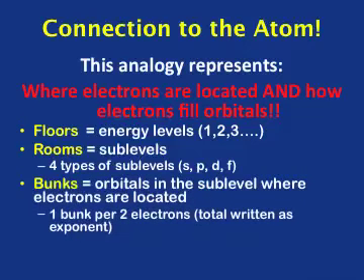The bunks in your activity represent the orbitals in the sublevels where the electrons are located. You had this little rule going where one bunk would occupy two people, and so it was like the atom where we have two electrons occupy an orbital.